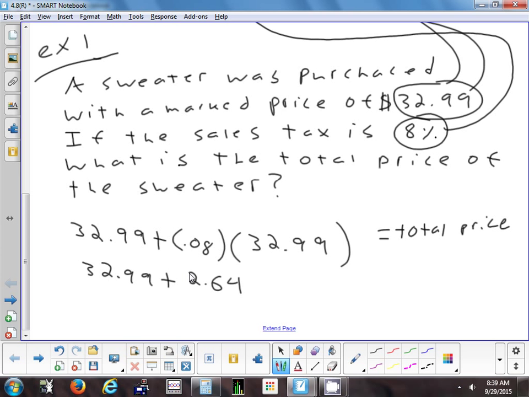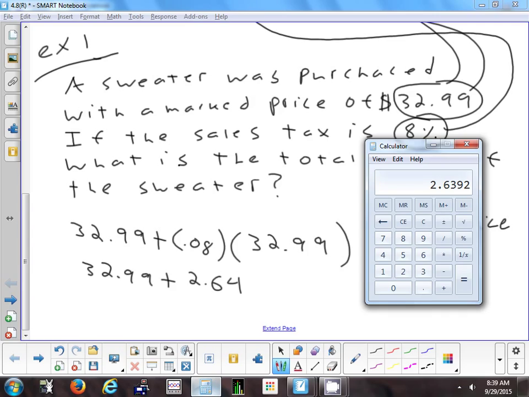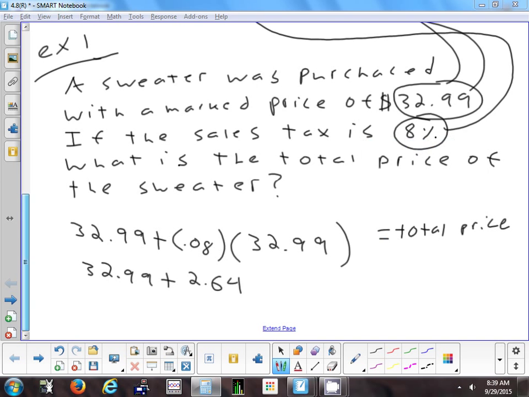Anytime you're dealing with money, it's always 2 decimal places, and you don't just chop it off. You got to look at the next digit. If it's 5 or higher, you round up. If it's lower than 5, if it was like 2.634, I would round that to 2.63. And that's going to equal our total price.